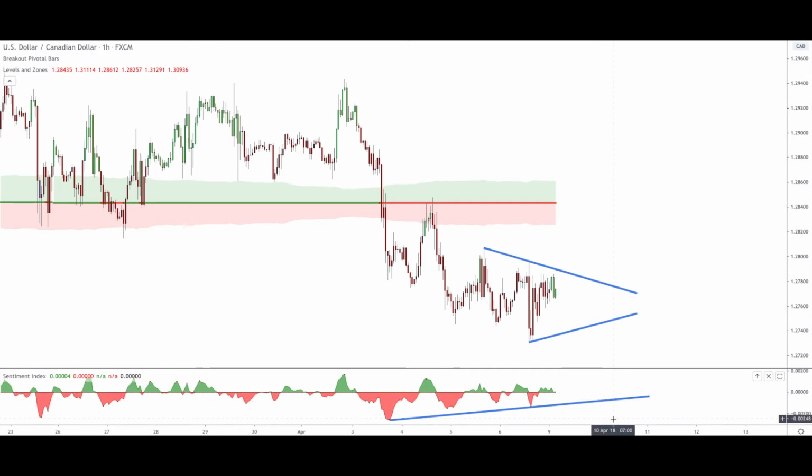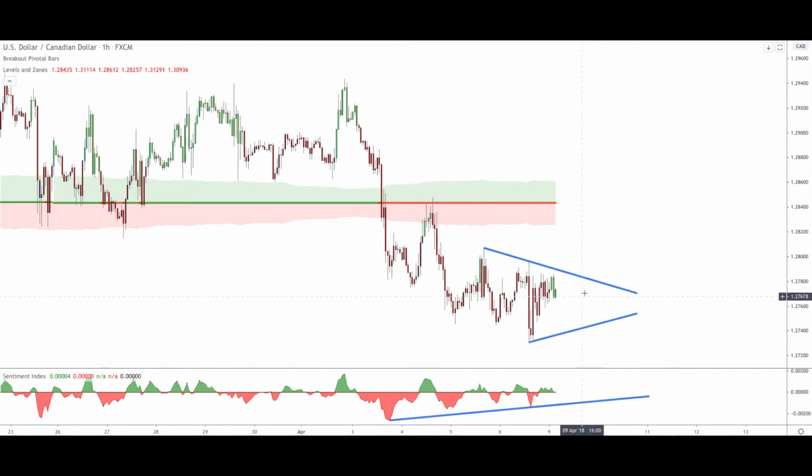Or the other thing it can do is break up, so it moves to the upside and the bullish sentiment index starts improving. In this case, the price should move to the upside, and I'm not interested in the trade.